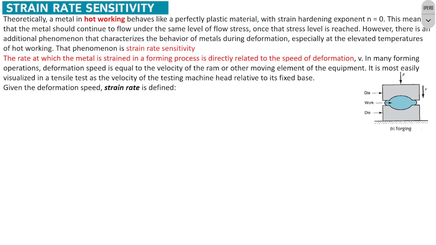For instance, we apply the force in a forging process with a speed. If we increase the deformation speed, the material will be more sensitive to this attempt and will react to this quick deformation.